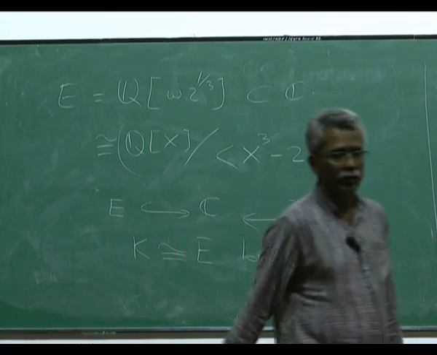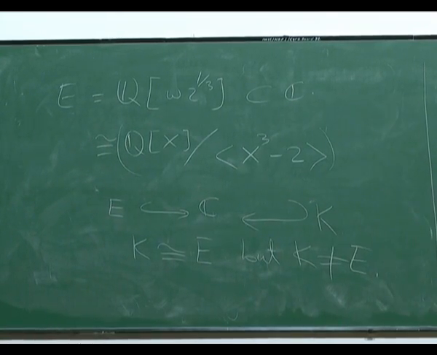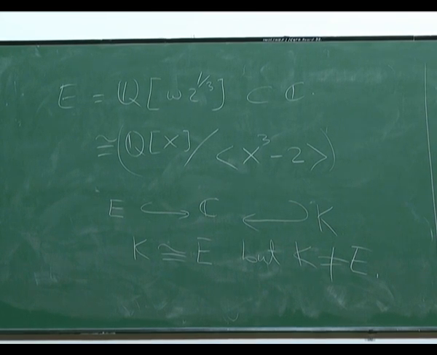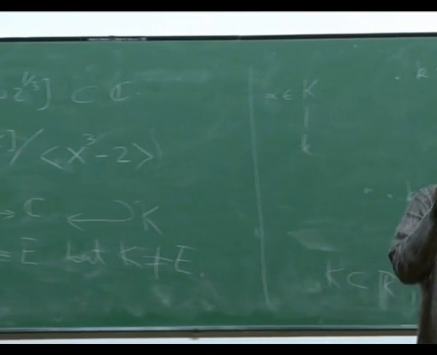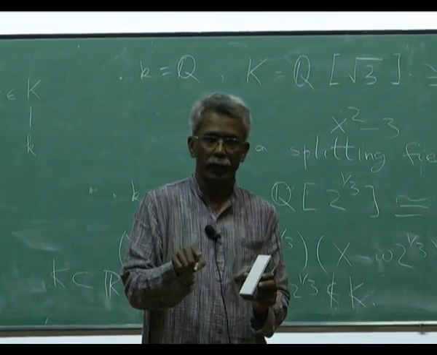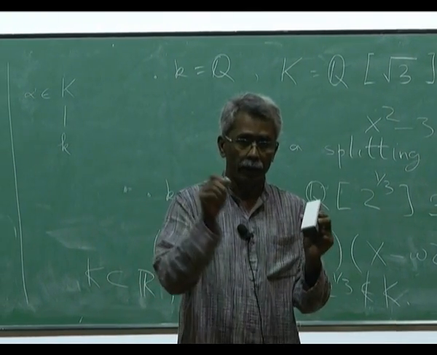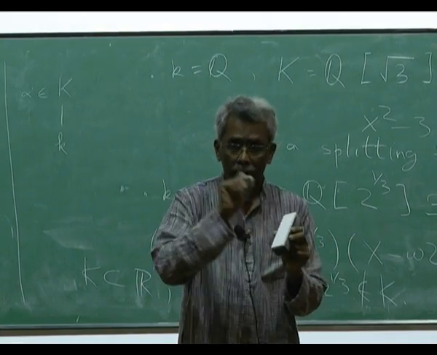Now I will tell you what is a normal field. So you say an extension is normal if any time you have two embeddings of capital K in the algebraic closure of small k, then the images are actually equal.